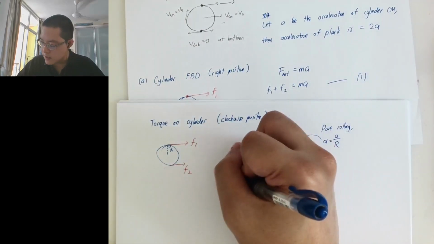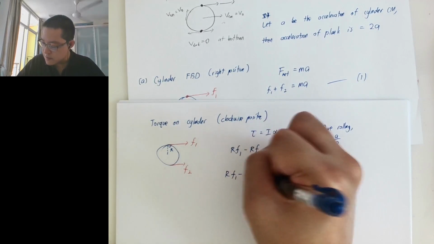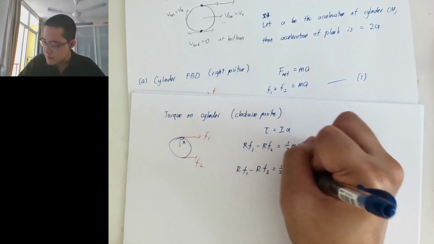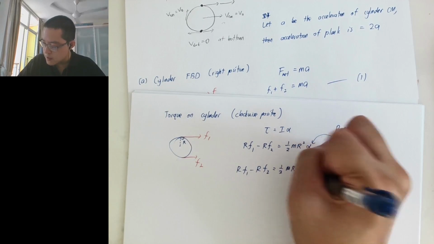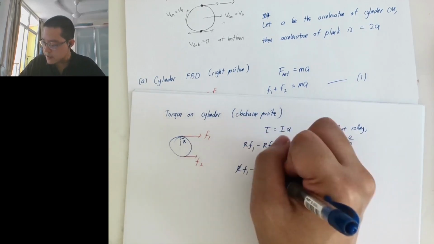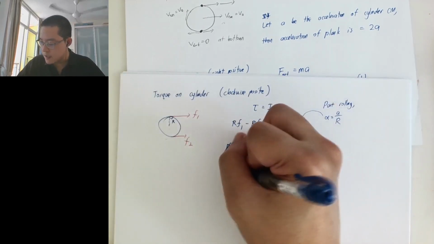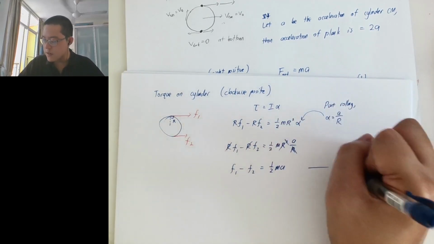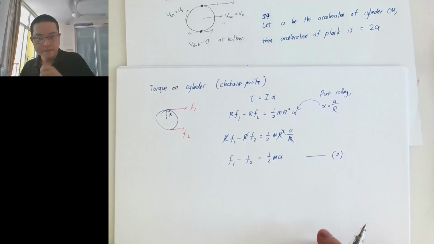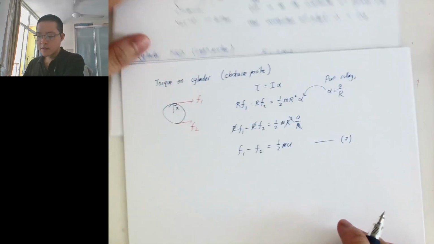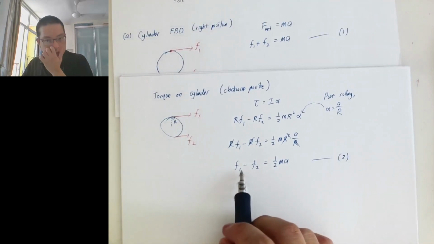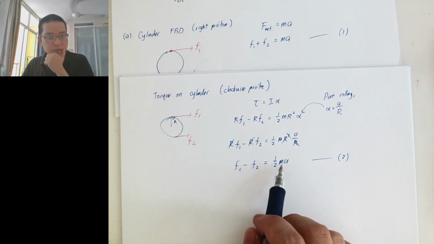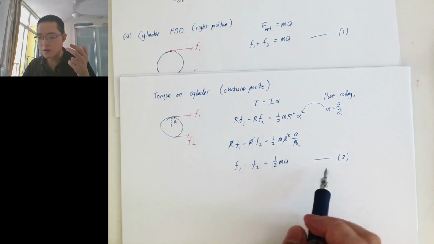So I got R F1 minus R F2 is half m r squared A over R. So I can cancel a factor of R and another factor of R. I got F1 minus F2 is equal to half m a. So I got a second equation. And then actually F1, F2 are unknown. A is also unknown. So I got 3 unknowns, and only 2 equations.